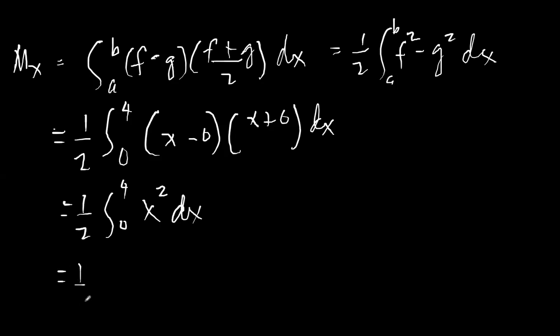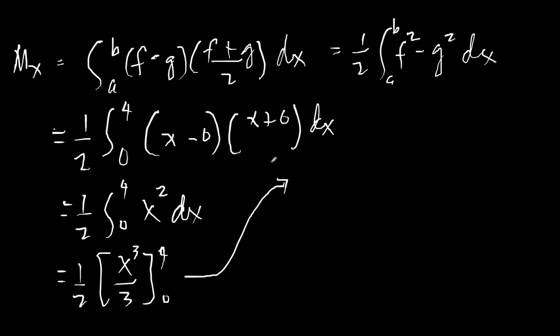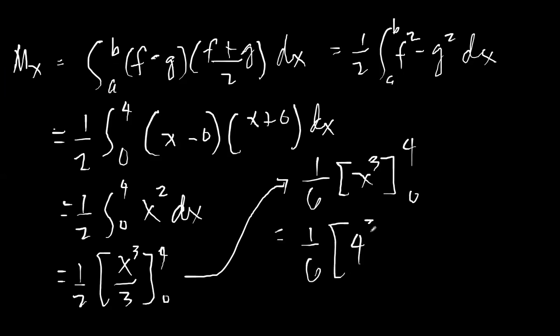So this is 1/2 times x cubed over 3 from 0 to 4. Let me check. Yeah, that's correct. And this is equal to 1/6 x cubed from 0 to 4, which is equal to 1/6 of 4 cubed. And this is equal to what?